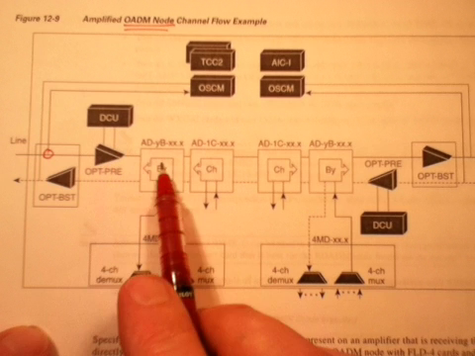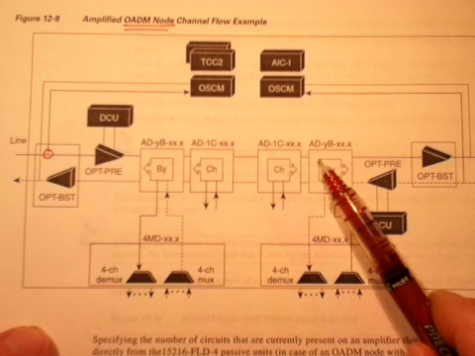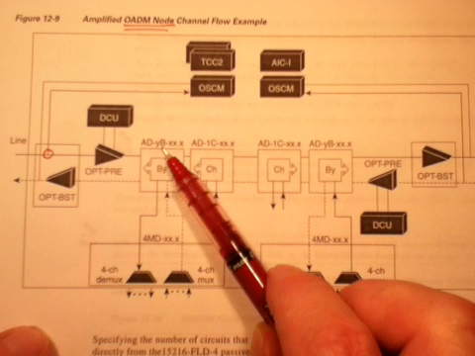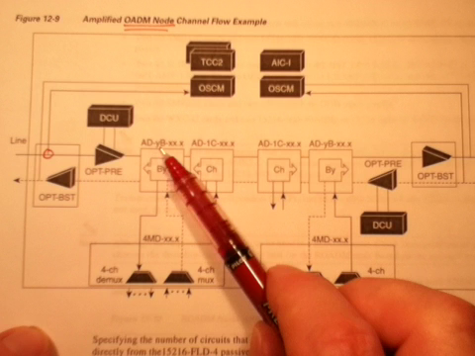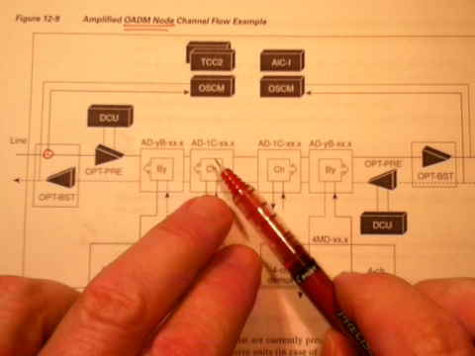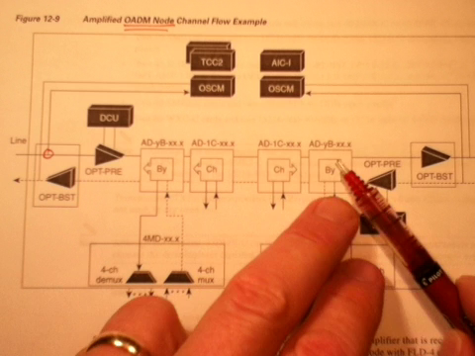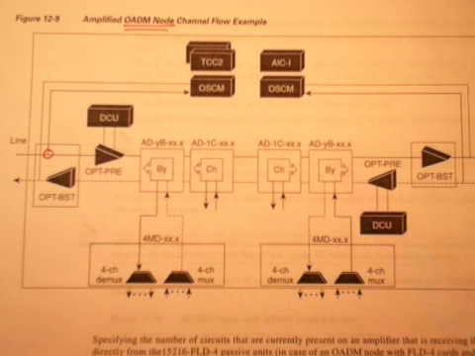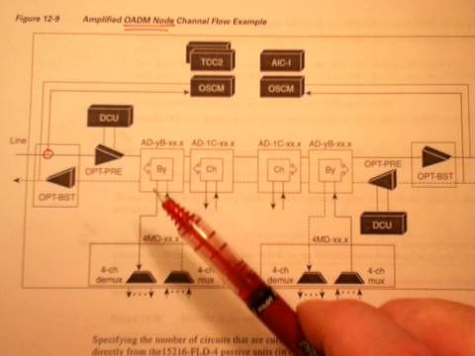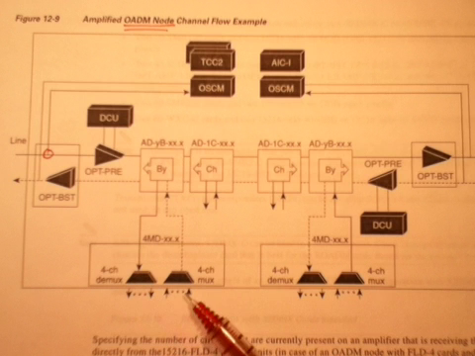Then we send it to whatever series of add-drop multiplexers we want. Here they're showing an add-drop band multiplexer, an add-drop channel multiplexer, another channel multiplexer, and another band multiplexer. The band multiplexers have to go to demuxes to get out to individual channels.